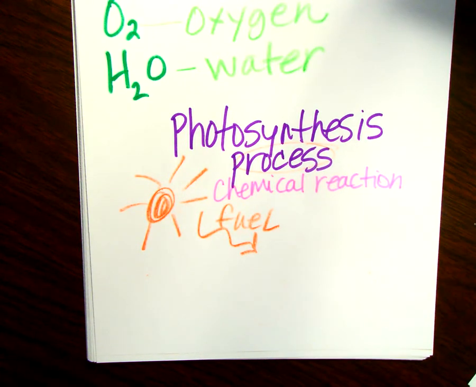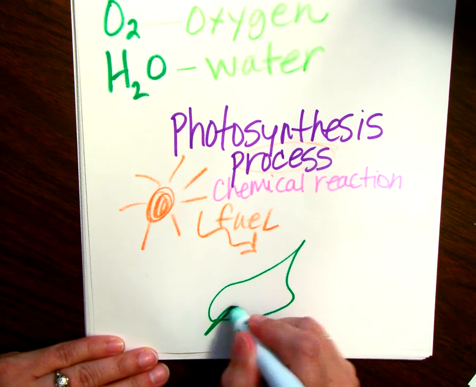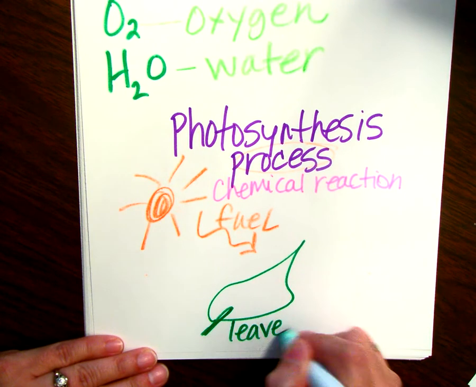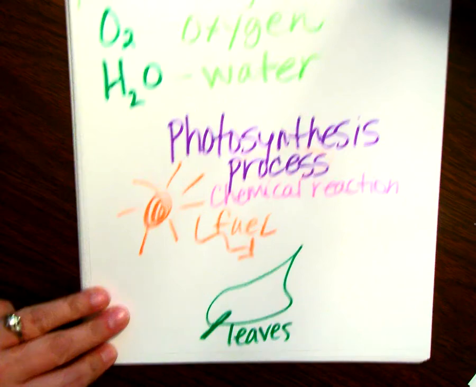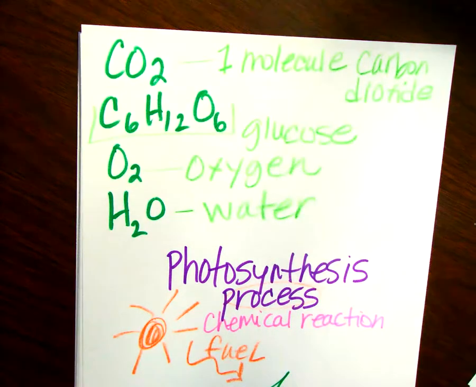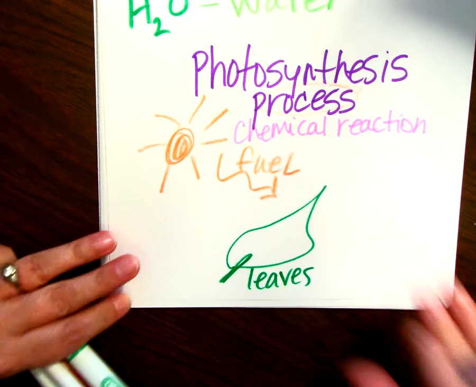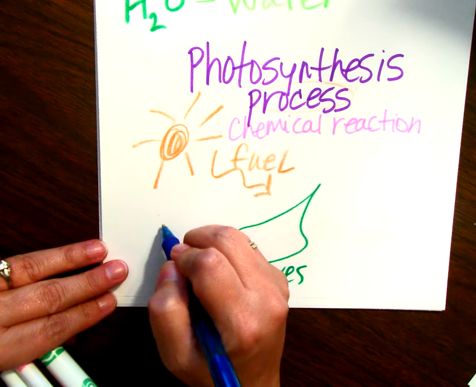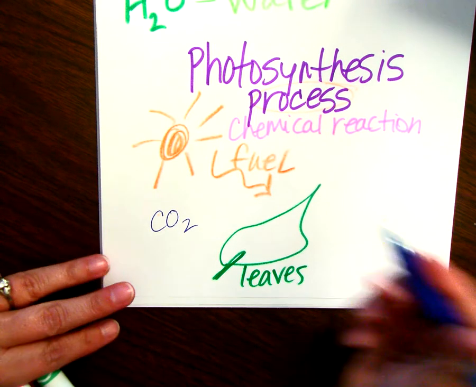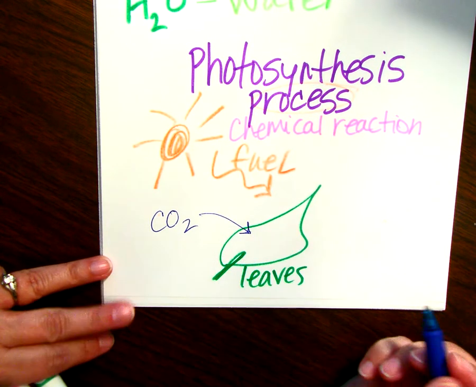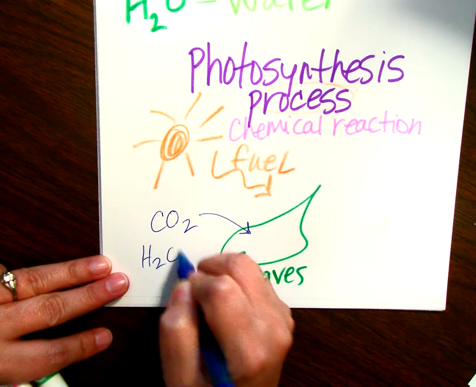And if you guys remember, this process happens in the leaves of our plants. Okay? And this is why we needed to remember this up here. If you guys remember, we have carbon dioxide that we exhale. We breathe it out, and other animals breathe it out. It needs carbon dioxide, and it also needs water.